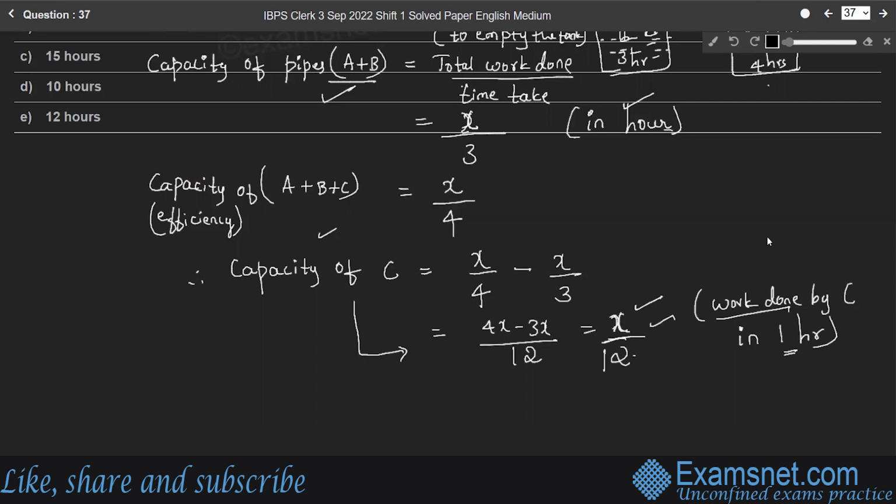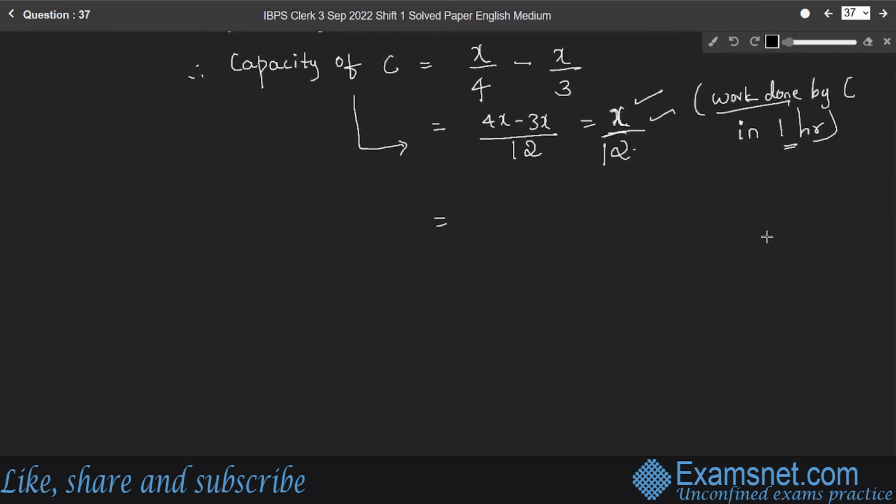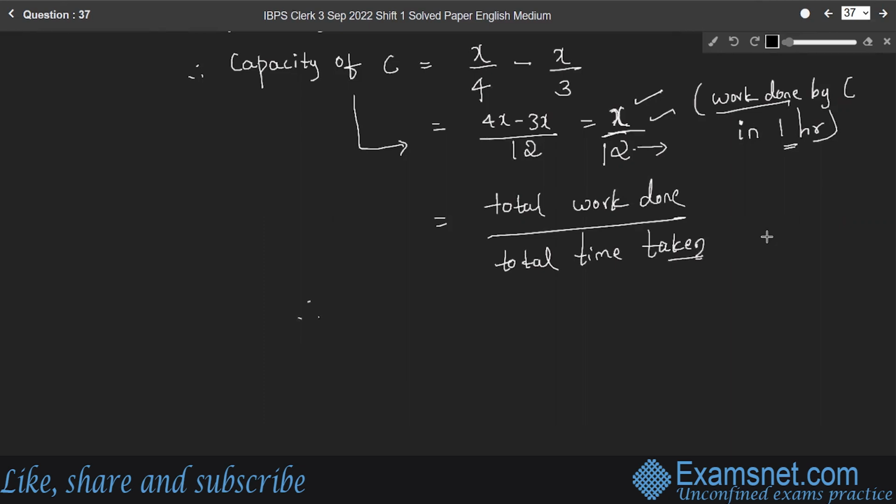So X by 12 means total work done by C divided by total time taken. So what is the total time taken here? The total time is 12 hours.